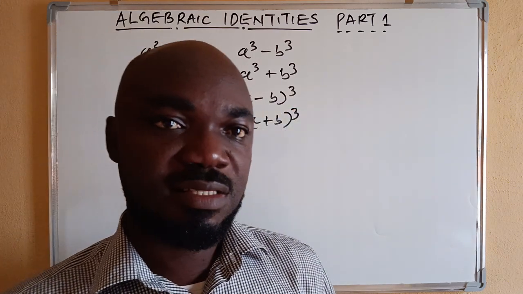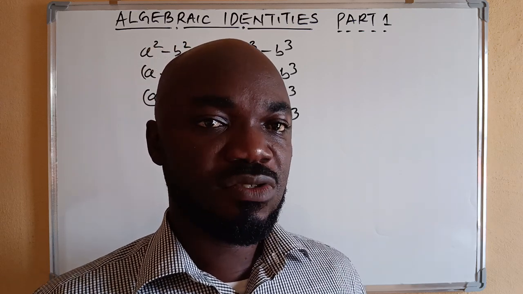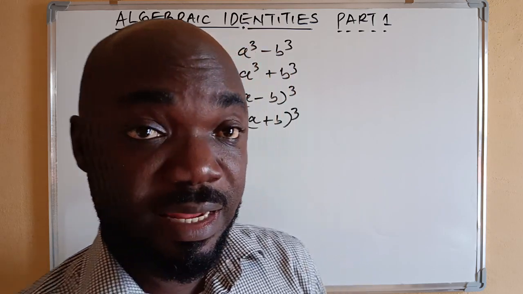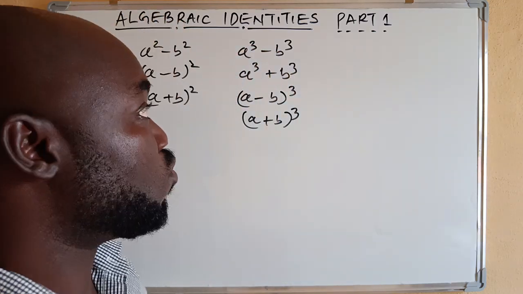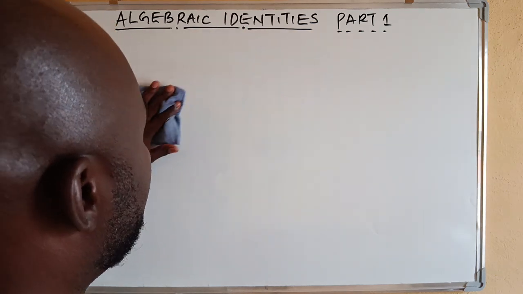These are some of the identities that are common in algebra, but many persons don't know how to prove them. So we are going to start with the first one, which is common, the difference of two squares.